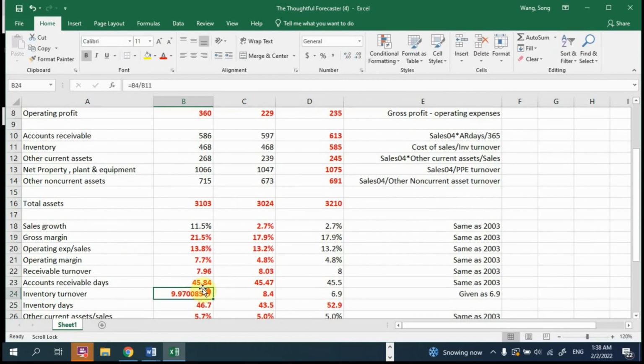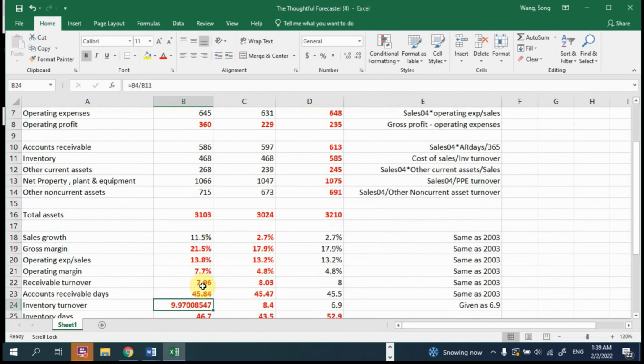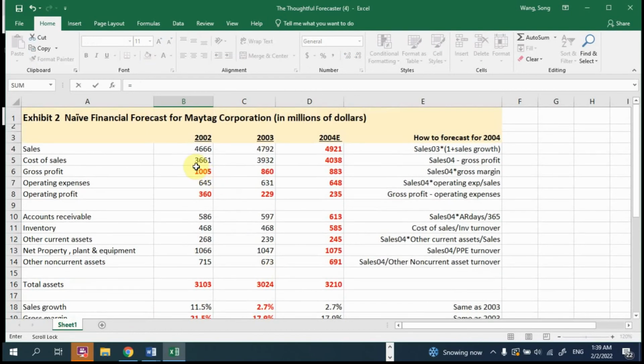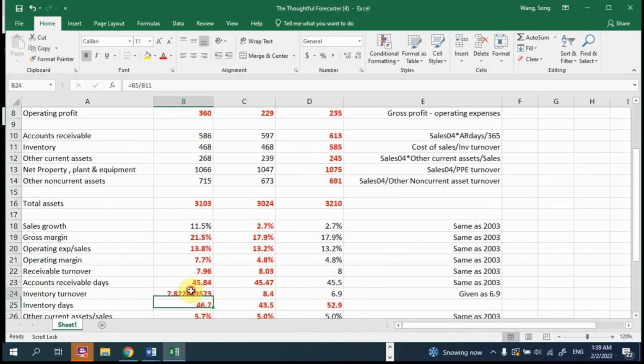Okay, but if your inventory stores all these raw materials, and you know that raw materials are marked with cost of goods sold, so we should use cost of goods sold divided by inventory. For this particular example, the textbook basically says to assume your inventories are about the raw materials.